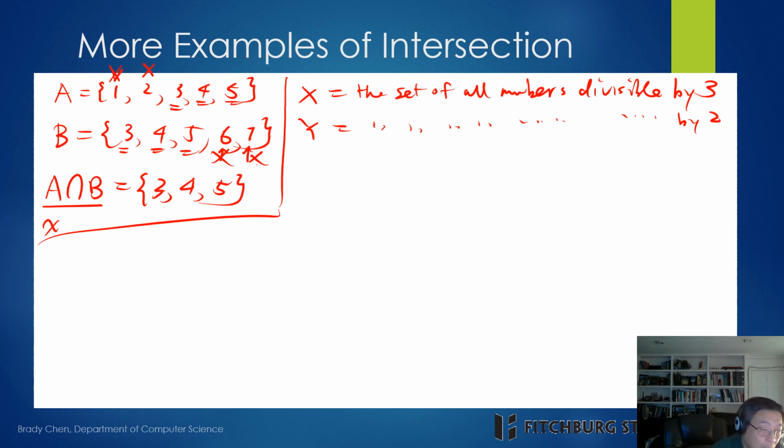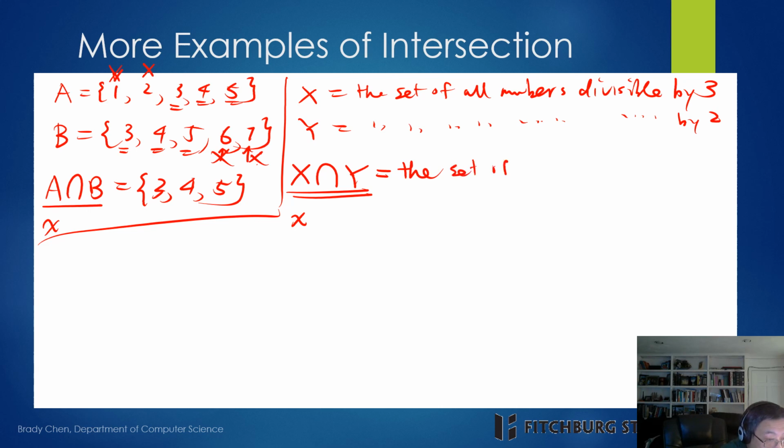Now what is the intersection of X and Y? Again, if a number belongs to X and Y, that means it must be divisible by 3, but in the meantime, it must be divisible by 2, right?